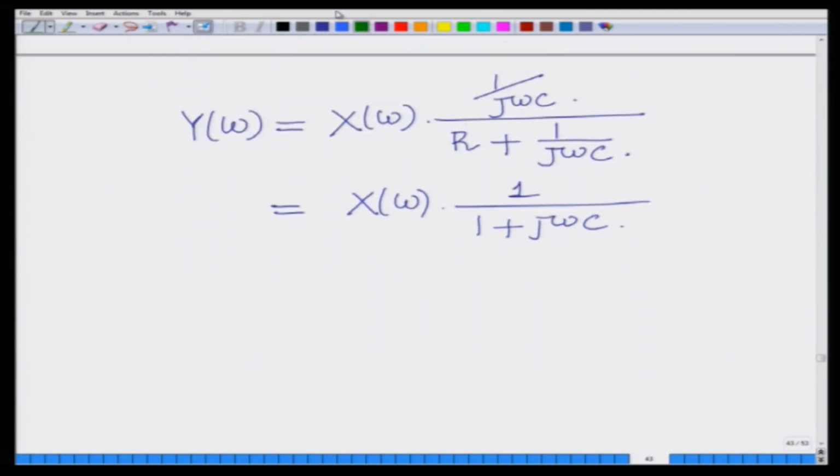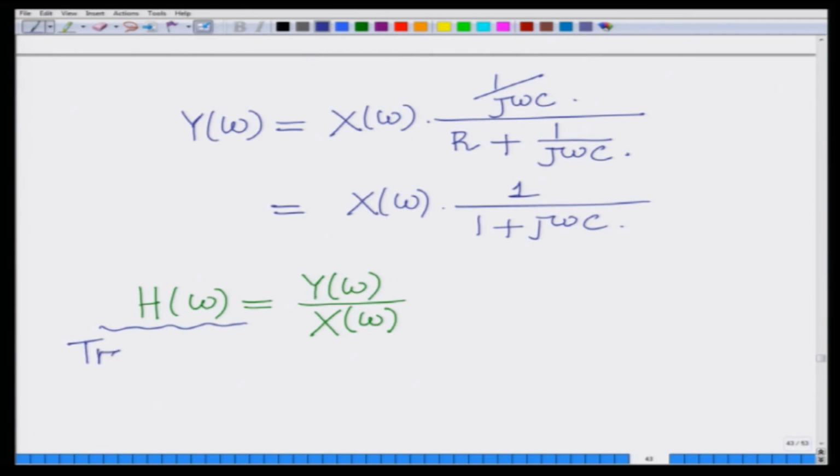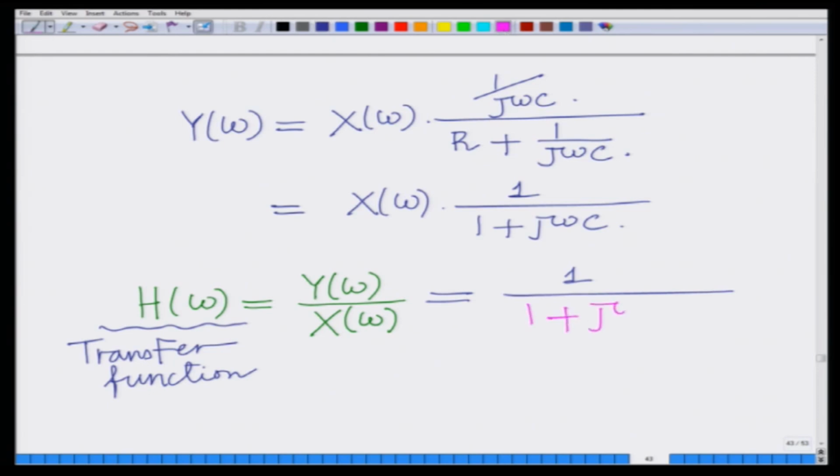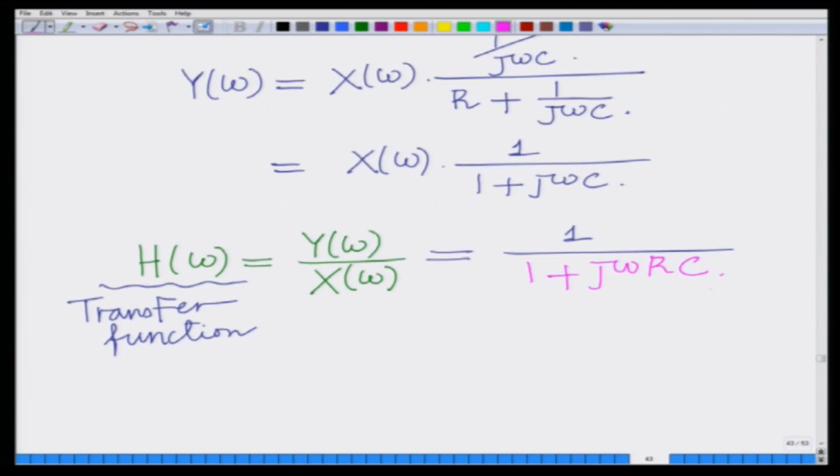The transfer function is the ratio of the output frequency response y of omega to the input frequency response x of omega. This is h of omega, your transfer function, which is equal to 1 over 1 plus j omega RC.